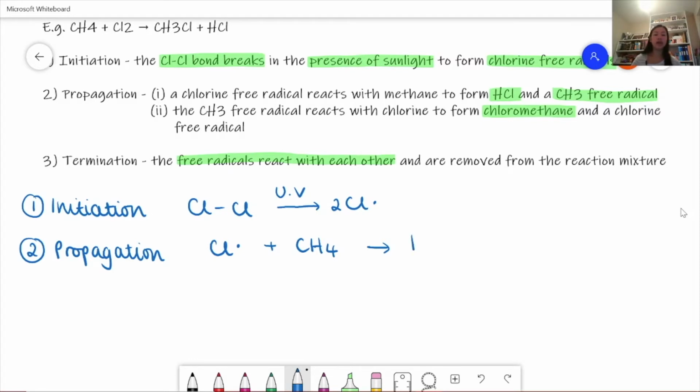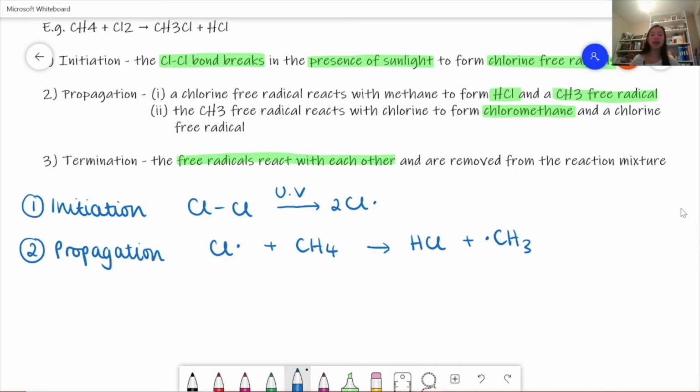So we'll form hydrochloric acid. And then that means that the methane will be left with one less hydrogen, so that itself is a free radical. And we always put the dot where the atom is missing. So the hydrogen is missing from the carbon, so we put the dot on the carbon.